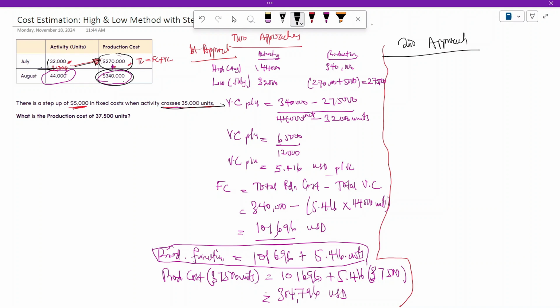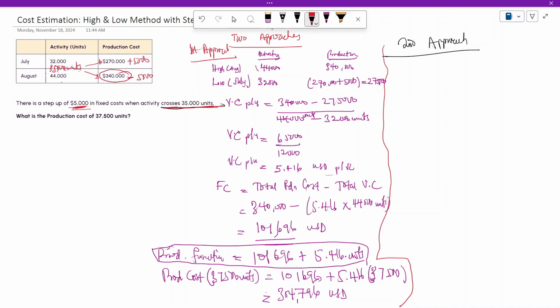Do you get my point? Let me repeat myself again. We need to take that cost out, which is the 5,000.